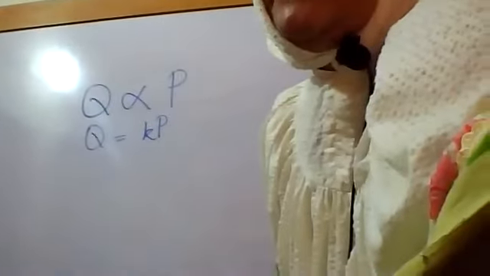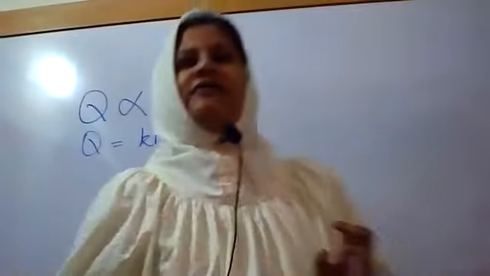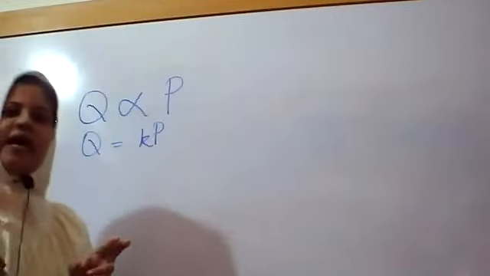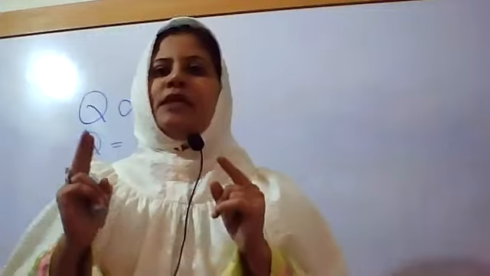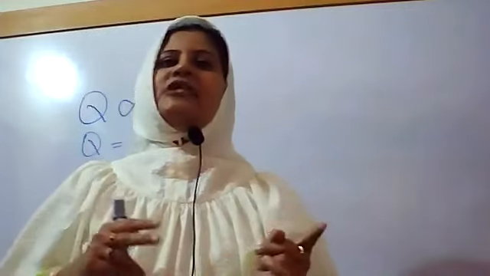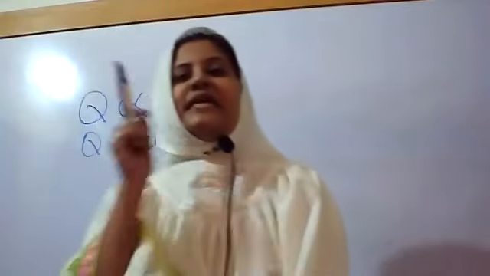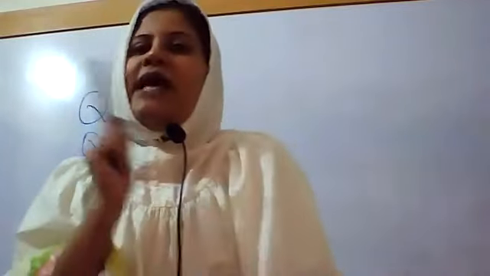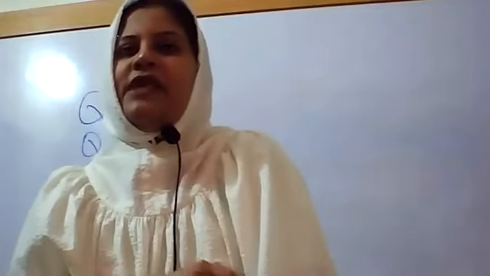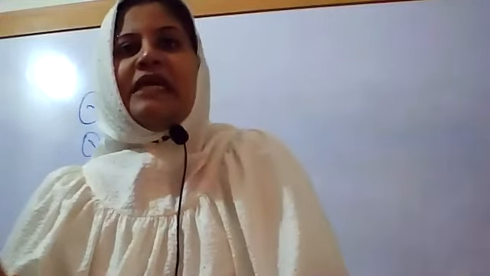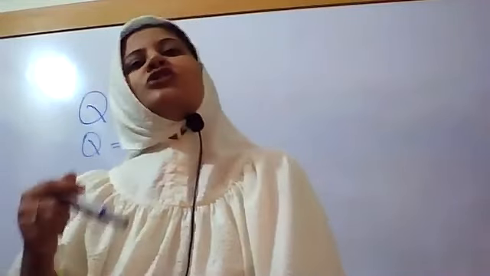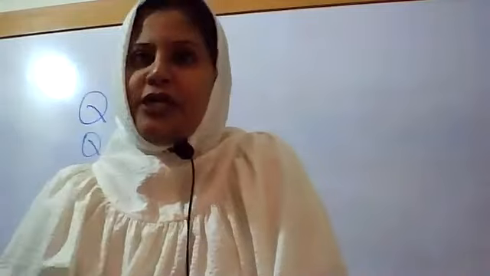In maths, we have 2 variables when it comes to direct and indirect proportion: your dependent variable and your independent variable. The cost is the dependent variable, while the number of pencils is the independent variable, because as the number of pencils increases or decreases, the cost will automatically increase or decrease.